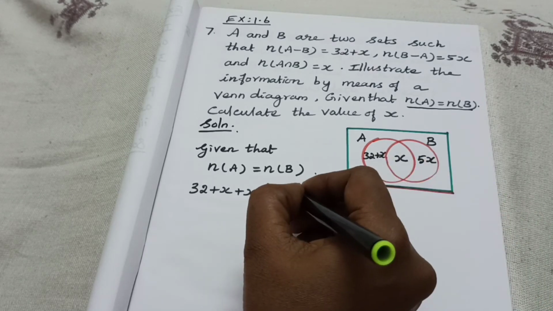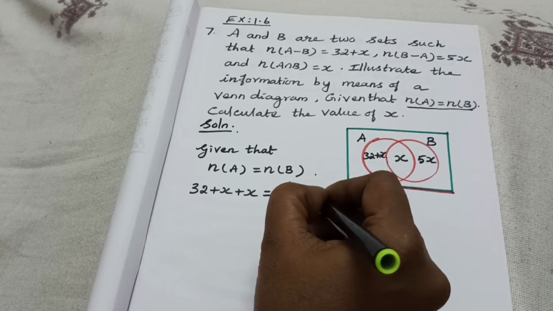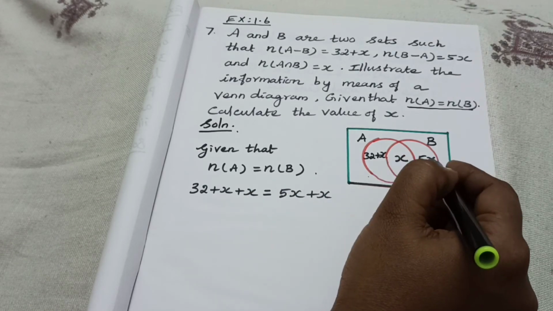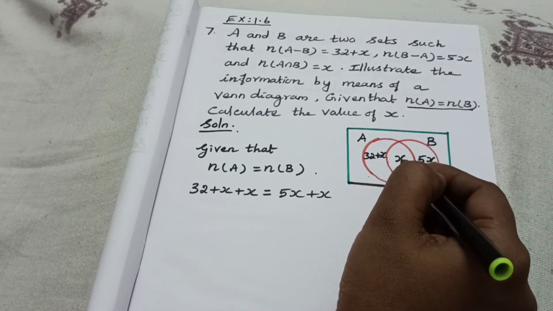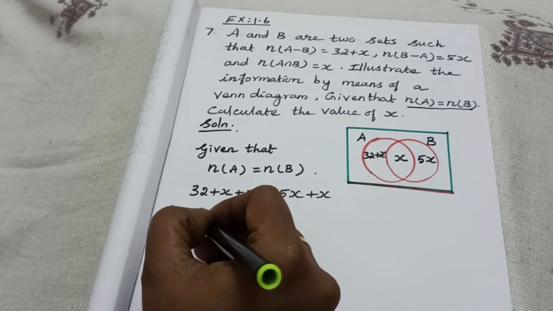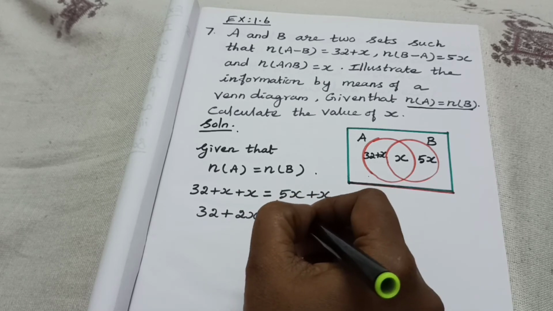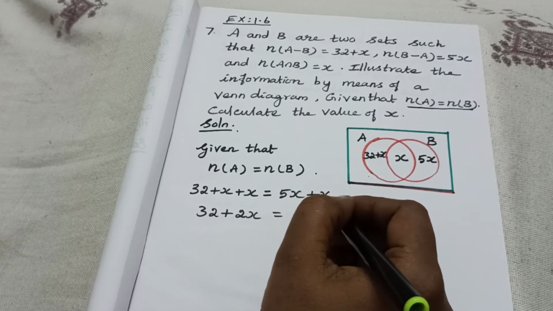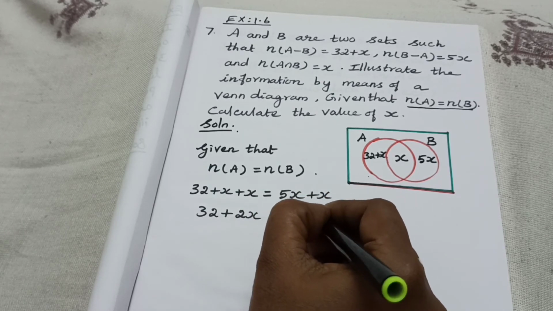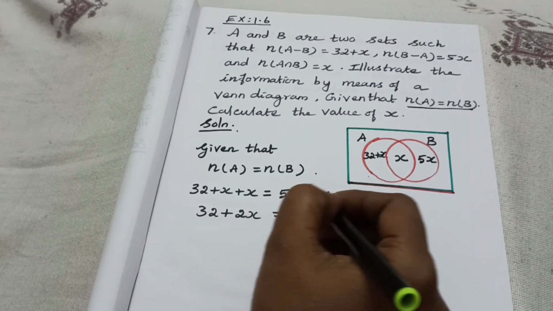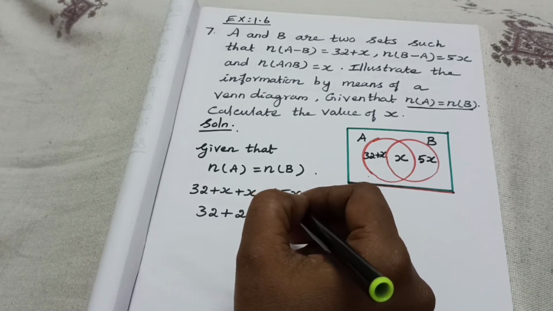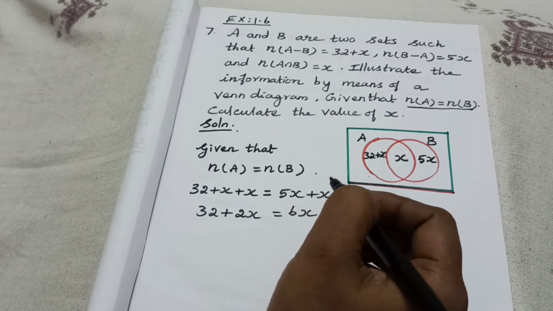That means 5x plus this x also. Have you understood? Then 32, x plus x is 2x, equal to 5x plus x is 6x. X is common.